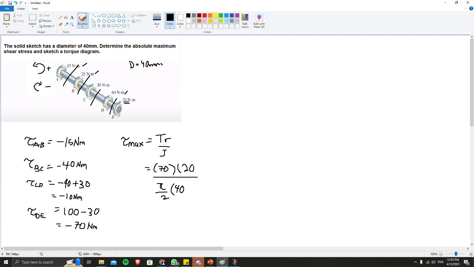But since 20 and 40 are in millimeter, we have to convert it to meter.